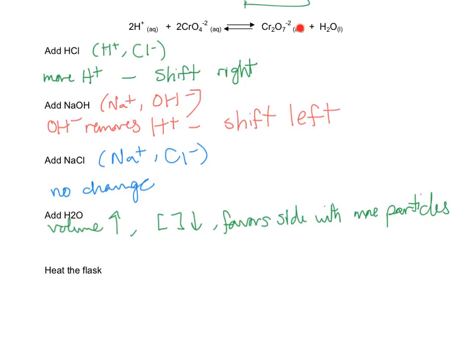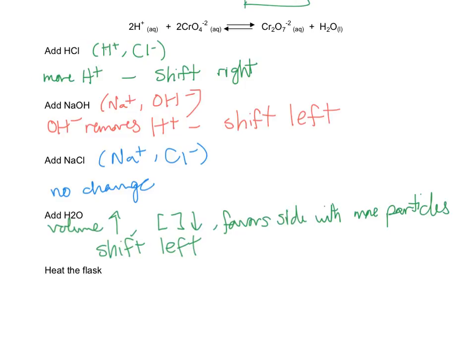We have only 1 on the right, and so it's going to favor the left or shift left. And so you could have predicted the correct answer, but if it asked you to explain, then you would have lost the points on the explanation if you said that it's because water is one of your products.